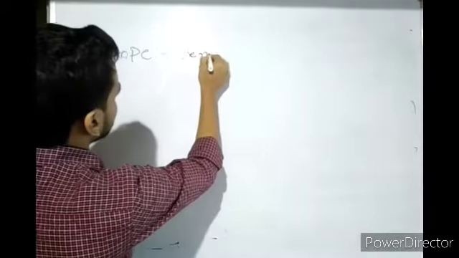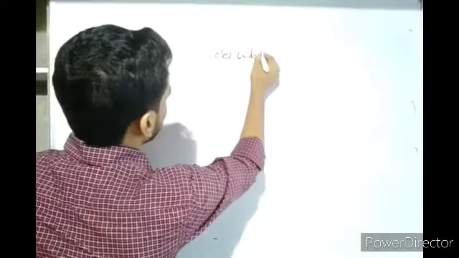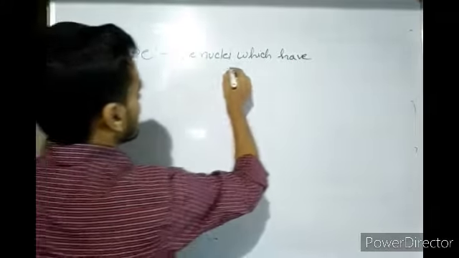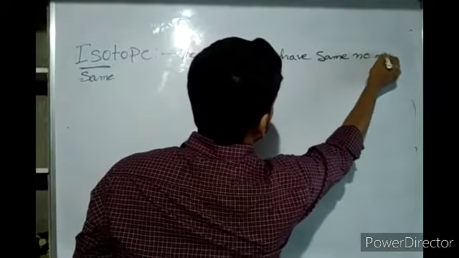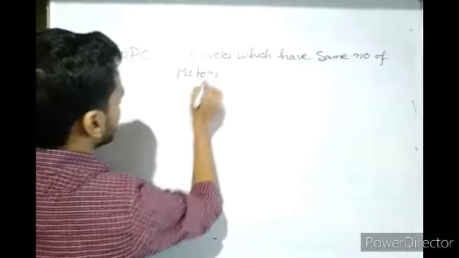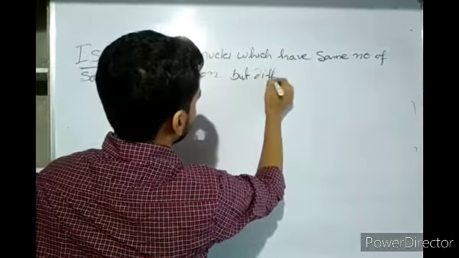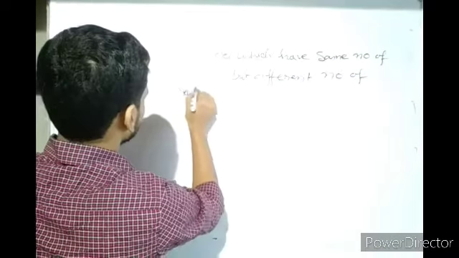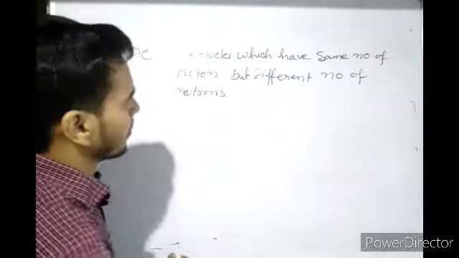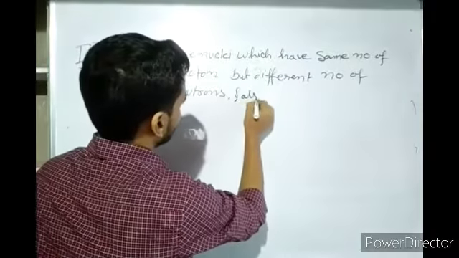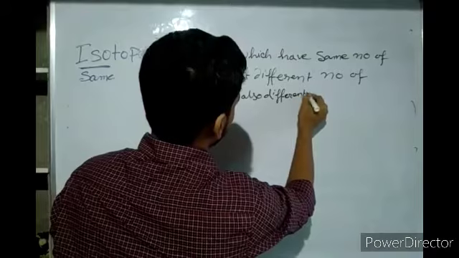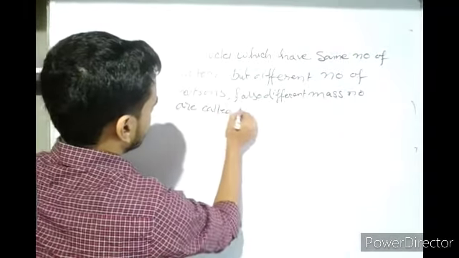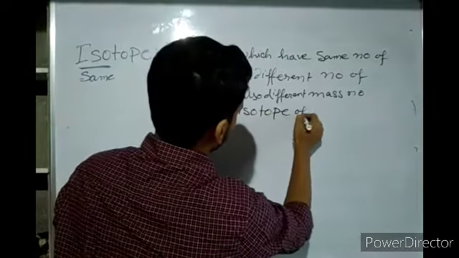The nuclei which have the same number of protons but different number of neutrons and also different mass number are called isotopes of each other.